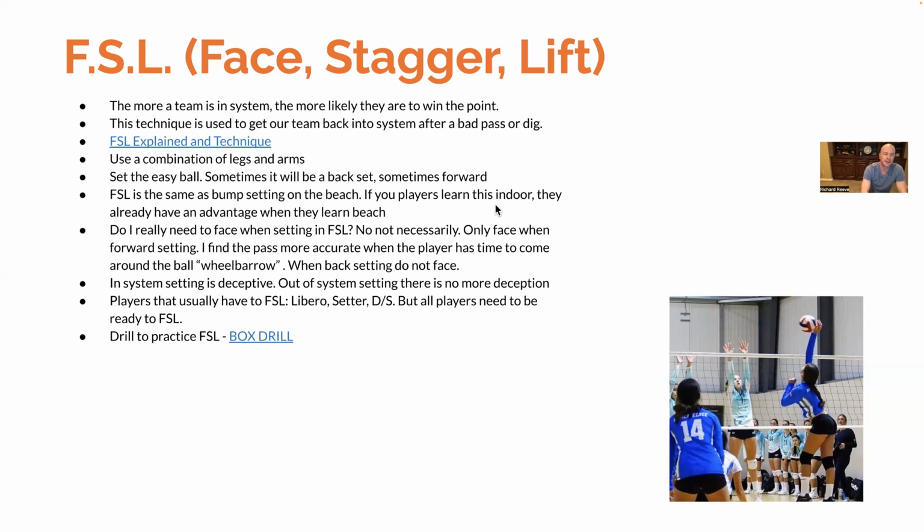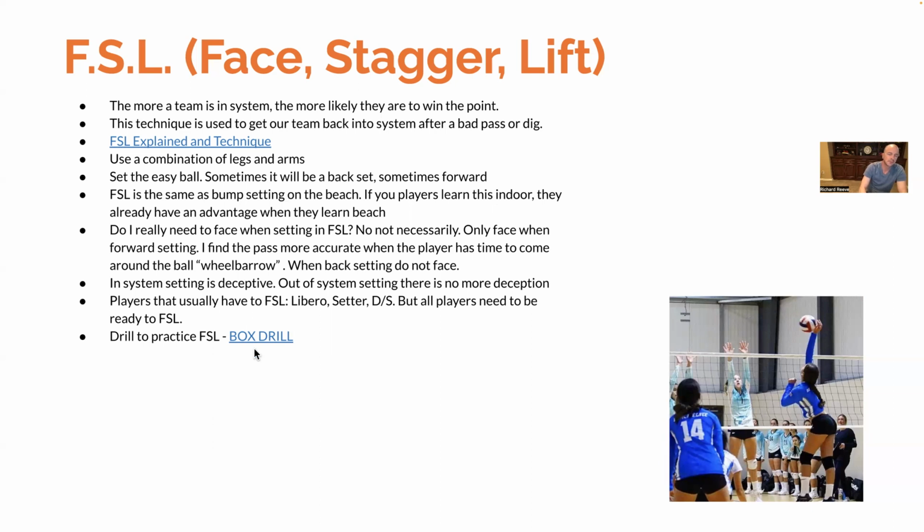So that's why I have the face, the stagger, the lift, because everything, your arms, your feet, your momentum, everything is going towards where you're setting the ball. Players that usually have to fizzle, they're usually the libero, the setter, or the DS. But all players need to be ready to fizzle.